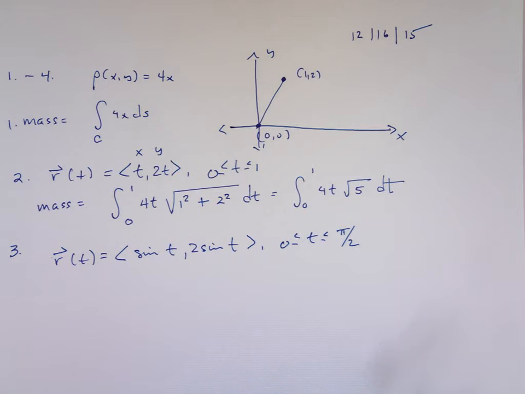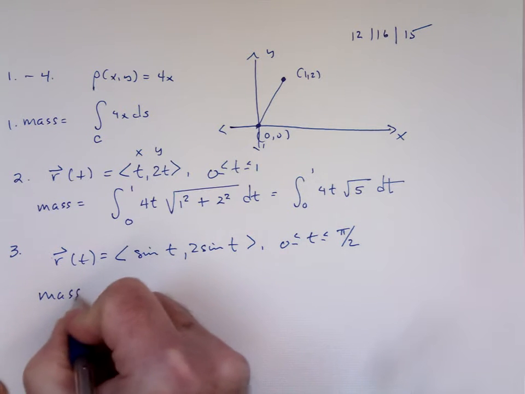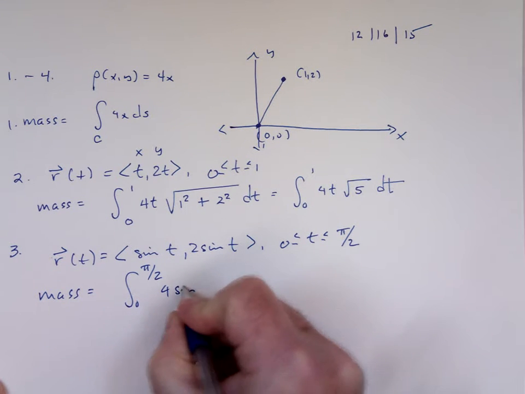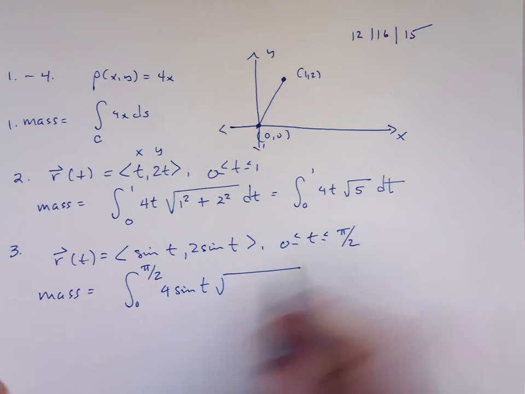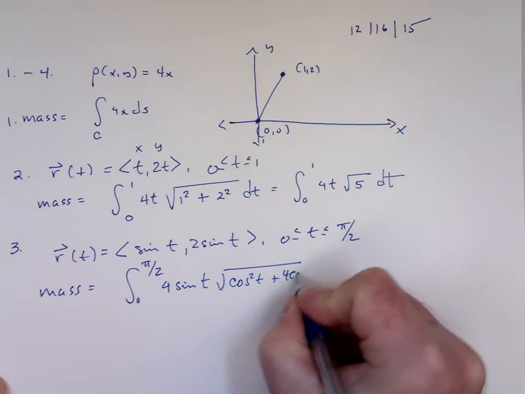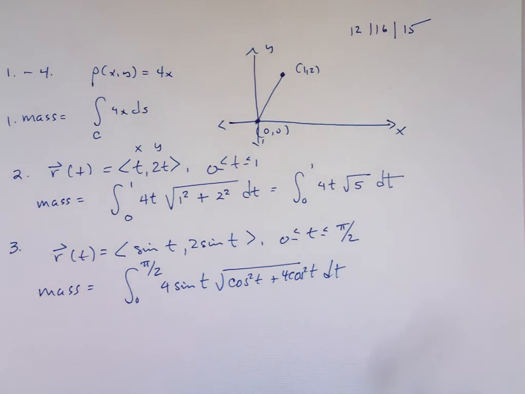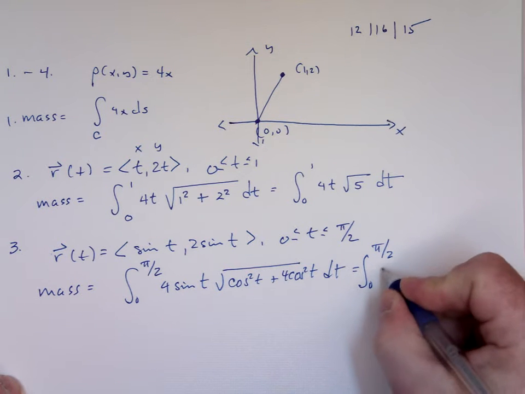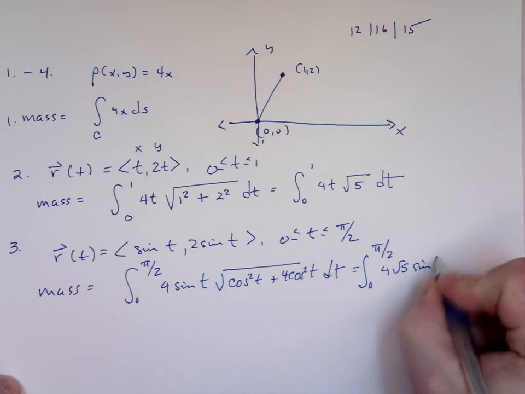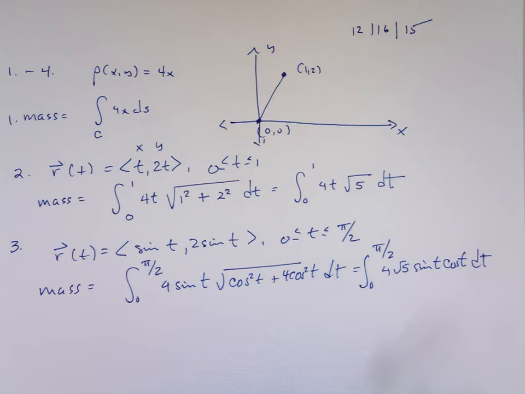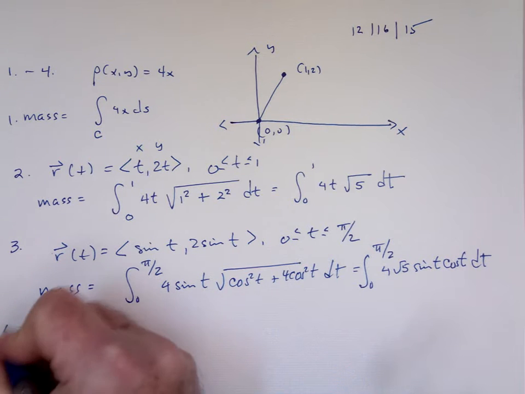You get this integral for x, with dx/dt cosine squared, dy/dt 2 cosine, so the square root of 5 times a cosine, and you end up with 4 square root of 5 sine cosine dt. Yes, still on there? Now, find the mass.